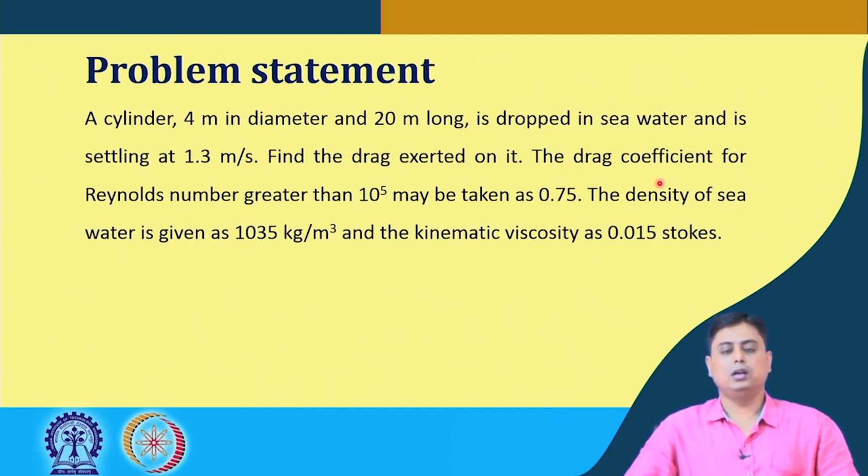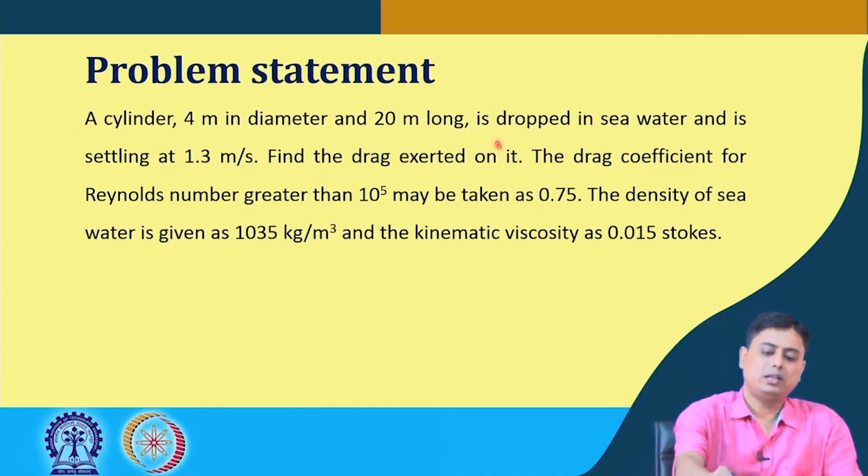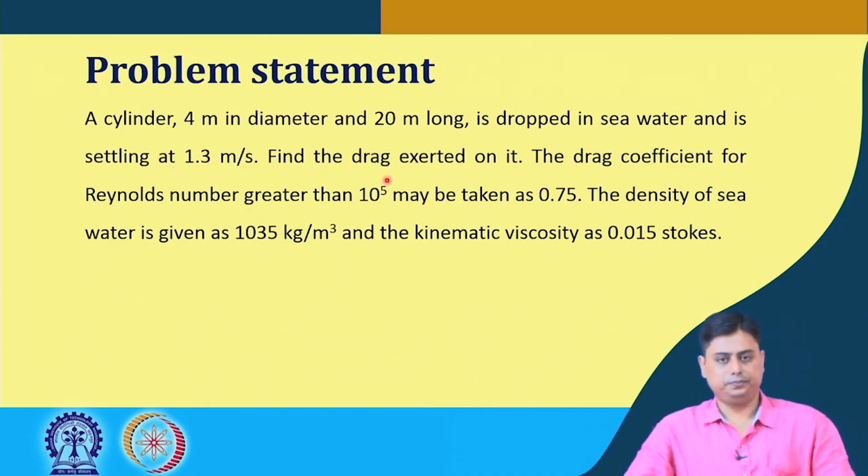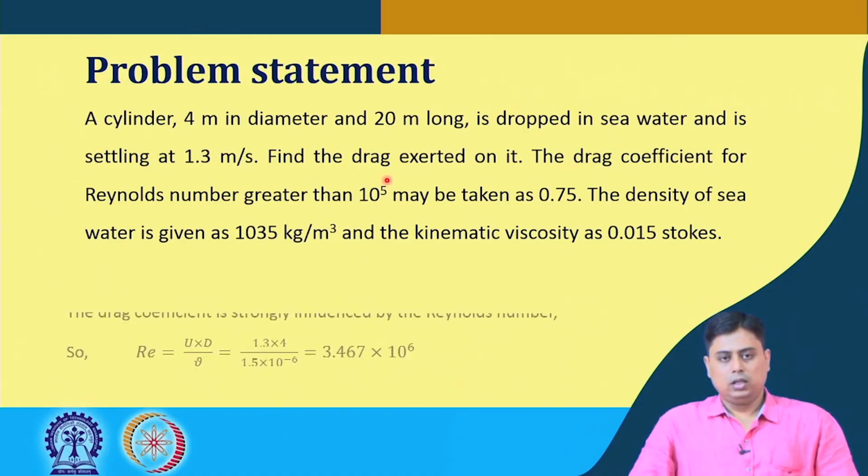So, typically you can understand the Reynolds number will possibly be greater than that, but still you need to calculate and show that the Reynolds number is certainly more than 10 to the power 5, and so the drag coefficient CD value you have taken as 0.75 and have done the rest of the calculations. So, here we have to calculate the drag force or the FD value.